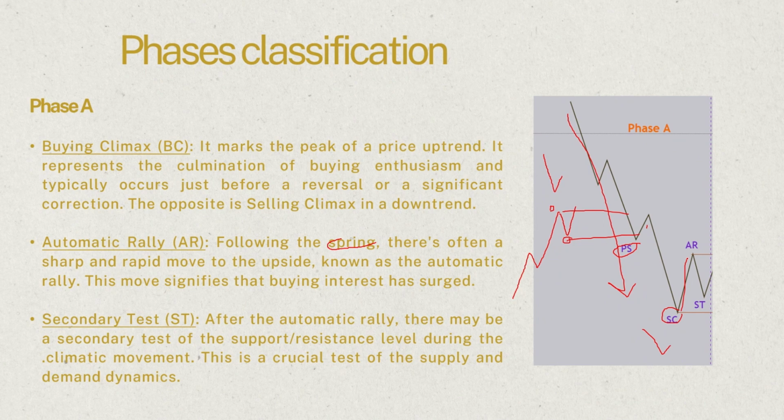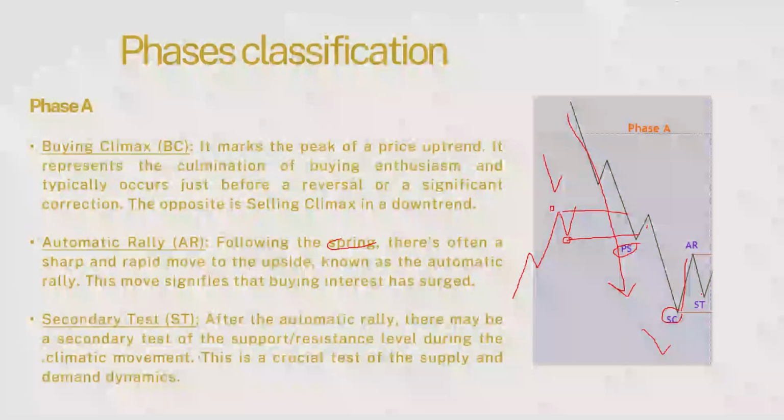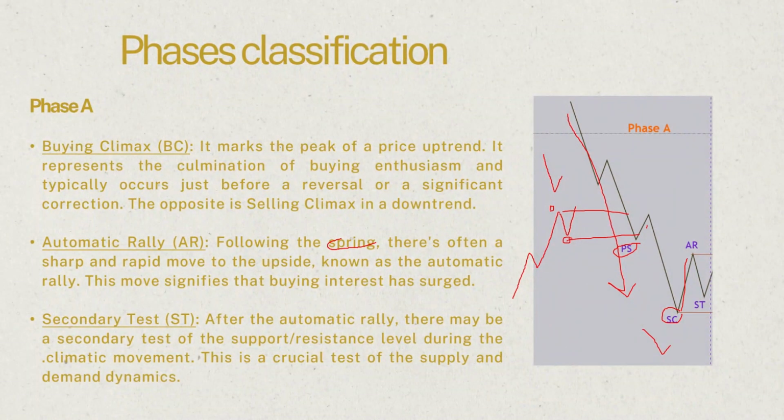All right. And then the move signifies that buying interest has surged. In the case of a downtrend, this is a surge in buying interest. In the case of an uptrend, it's a surge in selling interest, because this is the climatic action. You have your automatic rally. So this is a surge in selling or buying interest, depending on the direction.